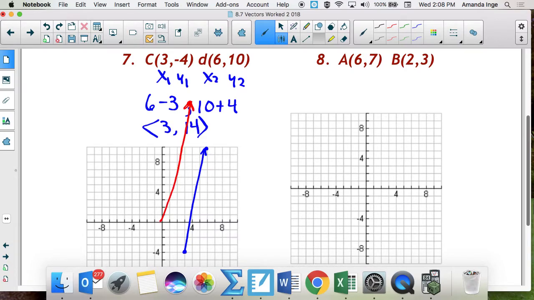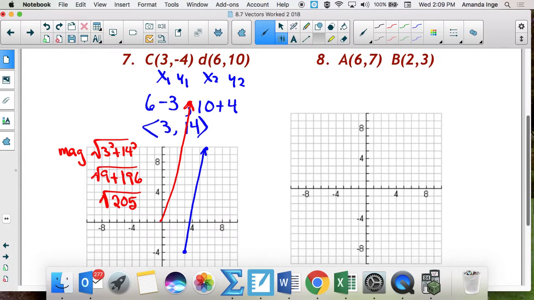Okay, so the length of it's not going to change, it's just going to be moved. Okay, so the magnitude would be the square root of 3 squared plus 14 squared. So that's 9 plus 14 squared, I think, is 196. Somebody put it in their calculator. So we get 205.